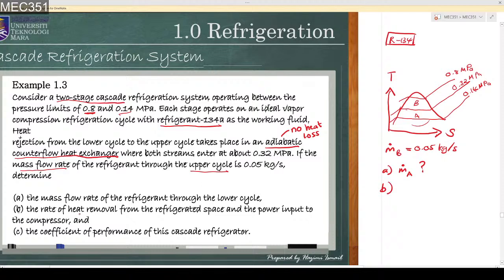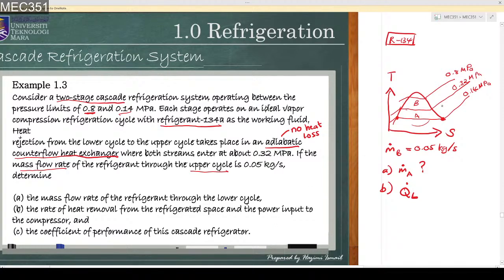Then, the rate of heat removal from the refrigerated space and the power input to the compressor. Where does the heat removal from the refrigerated space happen in the system? It is between here and here. So we have to know the Q dot L and the power input to the compressor.